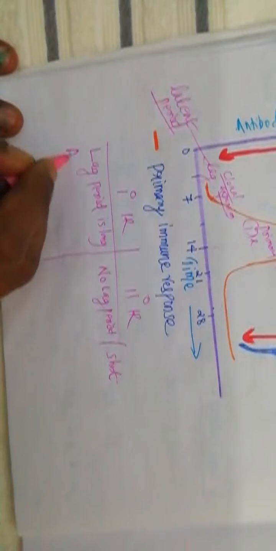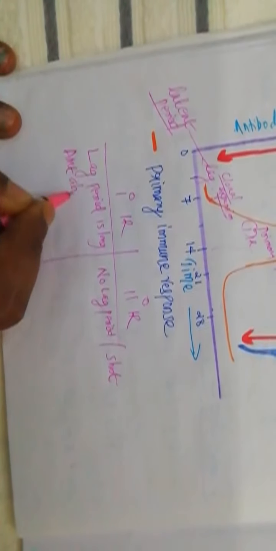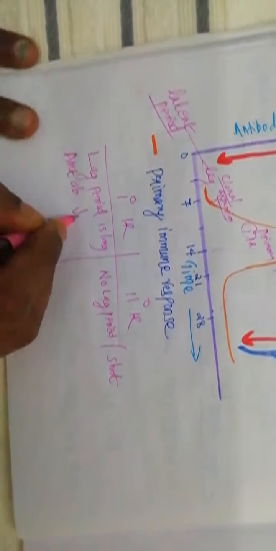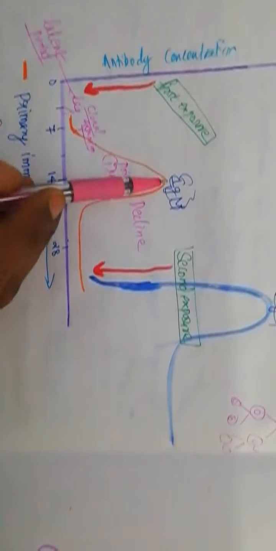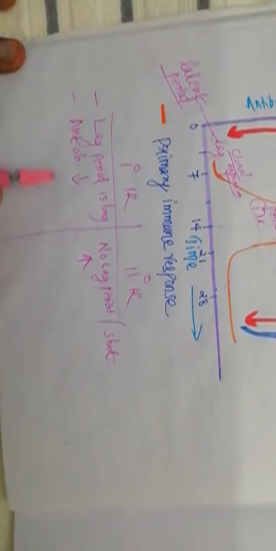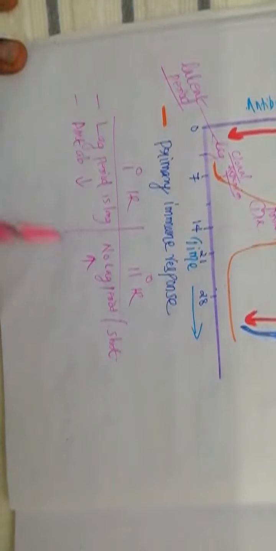The second one is the amount of antibody. In the primary immune response, it is less. You can see the diagram. Here the amount of antibody is less, whereas in the secondary immune response the amount of antibody is high. Don't draw all these arrows and things, okay? You have to write low and high.